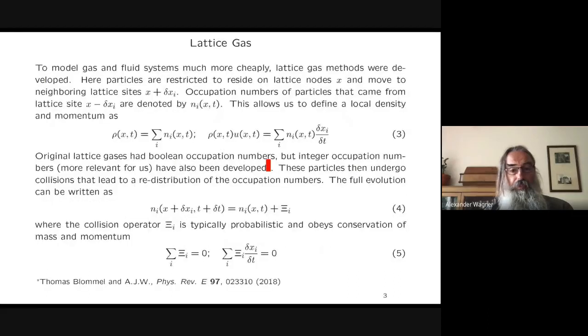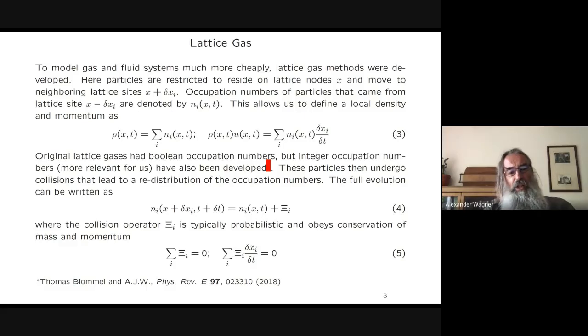Now, the lattice gases that we heard about. So Sauer introduced the lattice gases that are these original Boolean lattice gases, and a lot of the things that were difficult with them turns out actually had to do with the fact that these lattice gases have this Boolean property, because then the equilibrium distribution becomes a Fermi-Dirac distribution, and it doesn't really become a Boltzmann distribution.